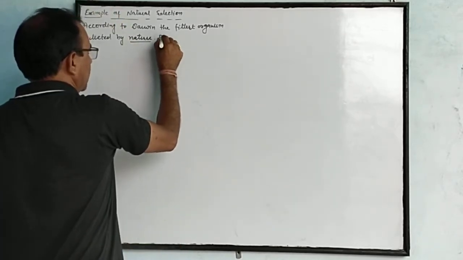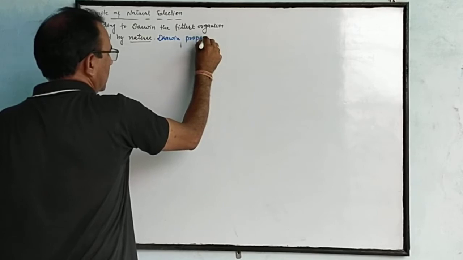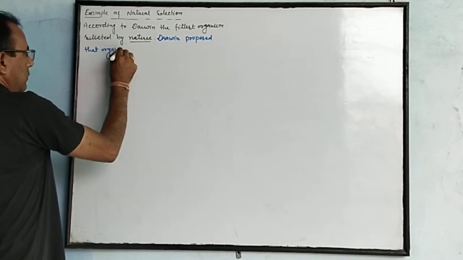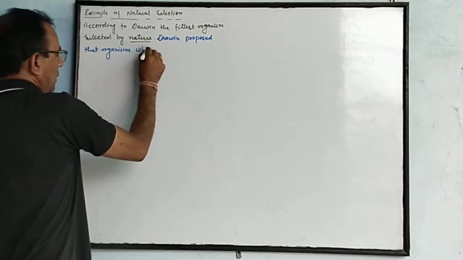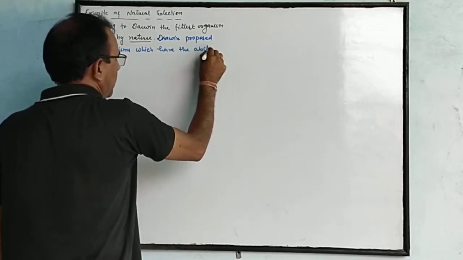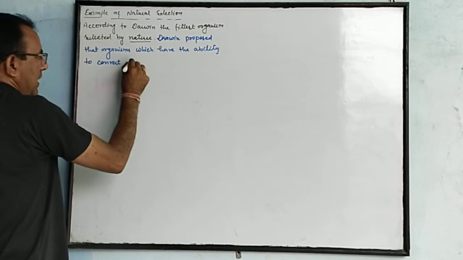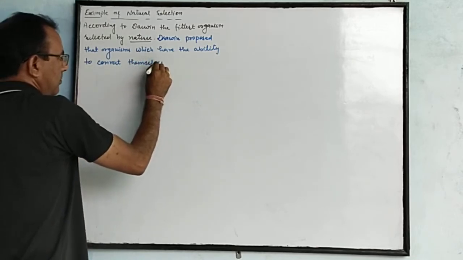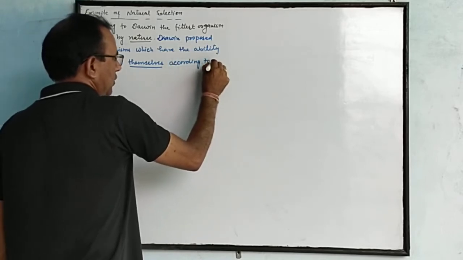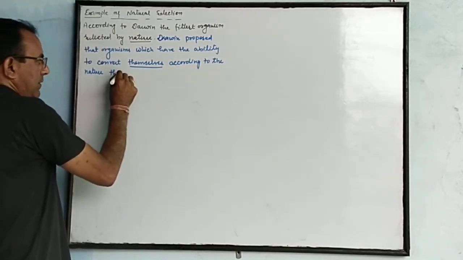According to Darwin, the organisms which have the ability to convert themselves according to nature will survive.